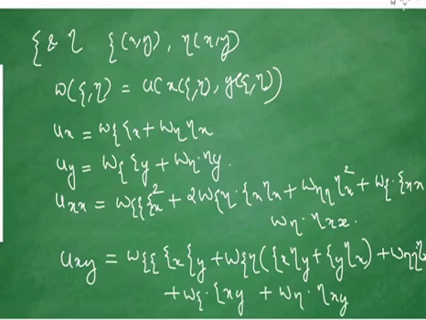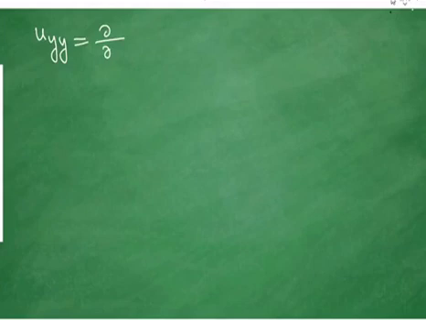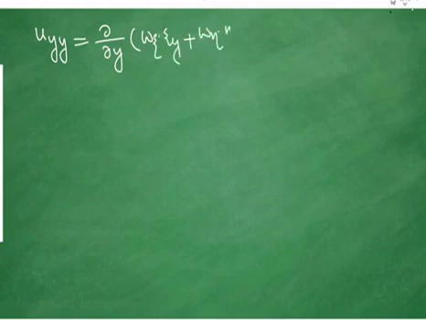So this we have discussed in the last lecture, and now we have to calculate uyy. So similarly, as we calculated uxx, we have to find the partial derivative with respect to y of uy. What was uy? uy is w theta into theta y plus w eta into eta y.